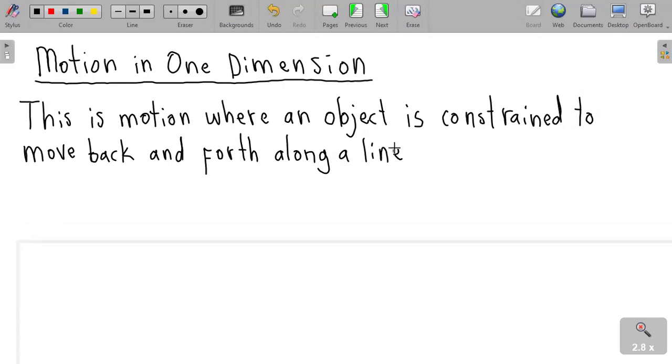Okay, so that's the description. It is the movement of objects along a line. So the objects here move in a straight line.